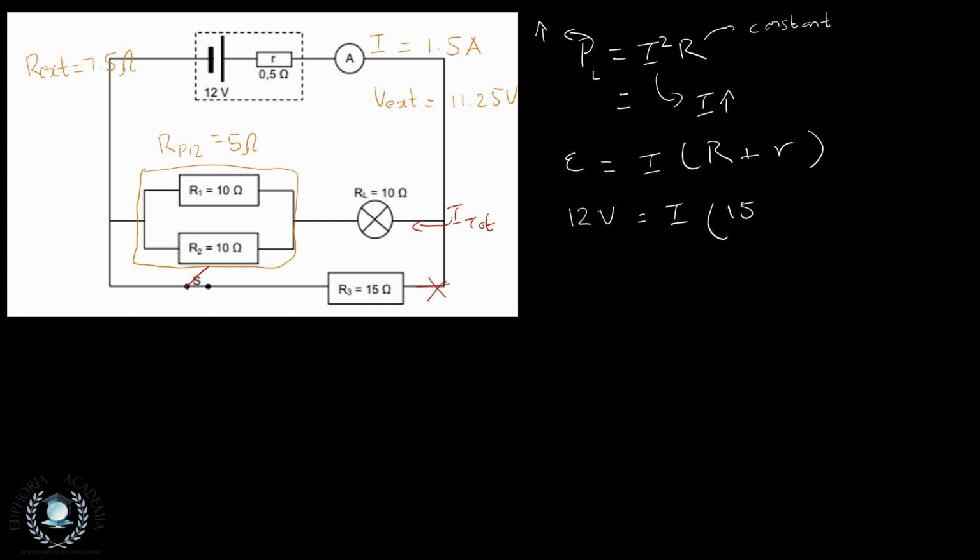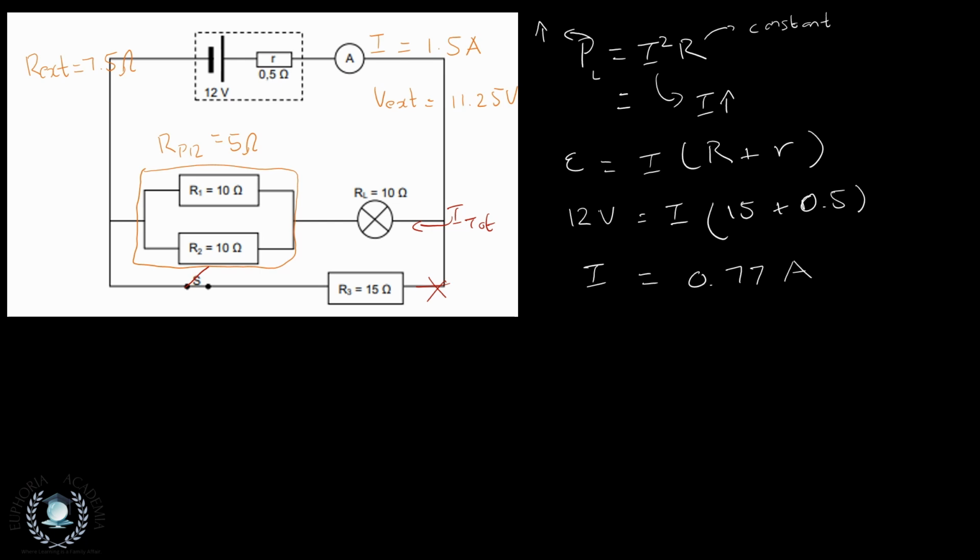The external resistance is now 15 ohms compared to the 7.5 that we had, and the internal resistance is still 0.5. That gives us a new I of 0.7 amps.